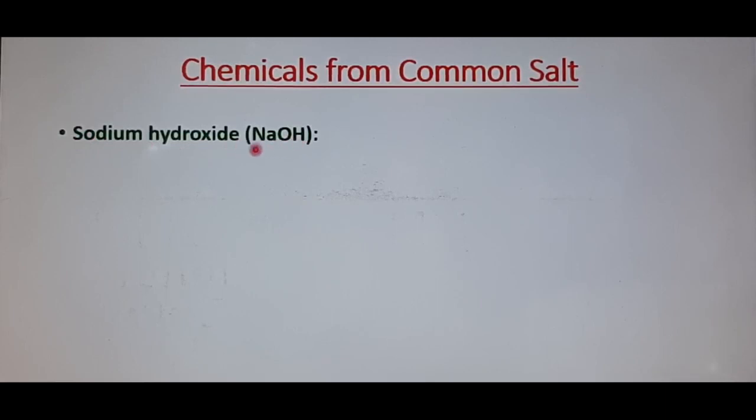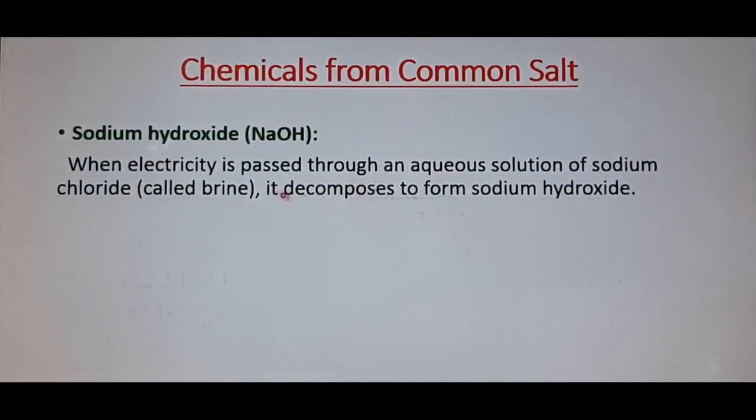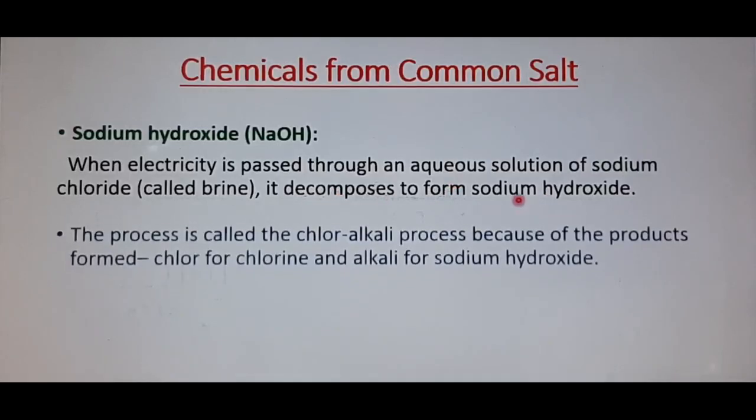Its chemical formula is NaOH. We prepare this by passing electricity through an aqueous solution of sodium chloride. An aqueous solution of sodium chloride is also known as brine. And then it decomposes to form sodium hydroxide.